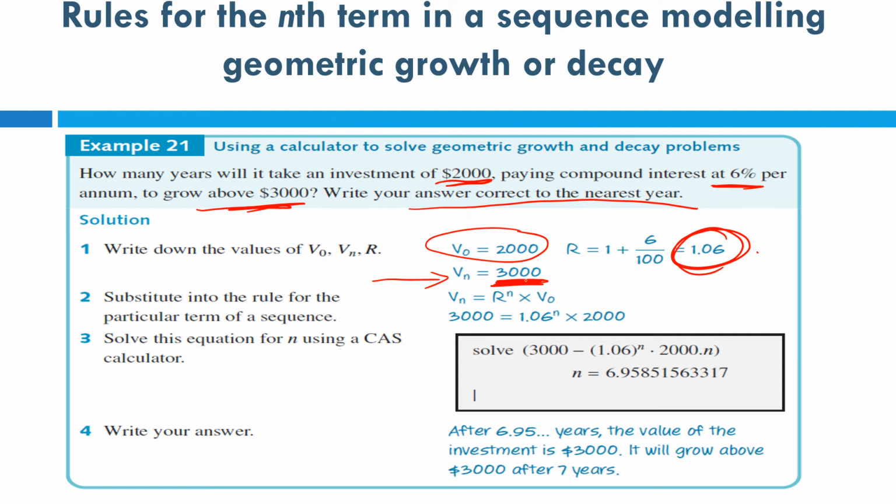So what am I potentially trying to find? I'm trying to find the value of n. That's what I don't know yet. So all you have to do, you can use solver on the calculator, that 3,000 equals 1.06 to the n times 2,000, comma n, enter, and it'll give you this. Now guys, is this yearly, monthly, what is it? Because we had this here before as per annum, we get 6.9, so this is all years. We've got to do it to the nearest year, it'll take you 7 years to grow to 3,000 or past 3,000.